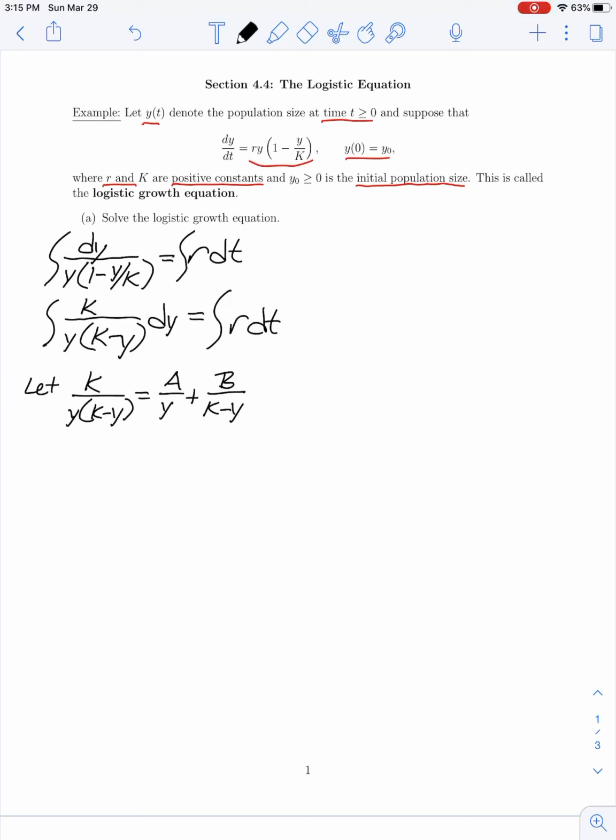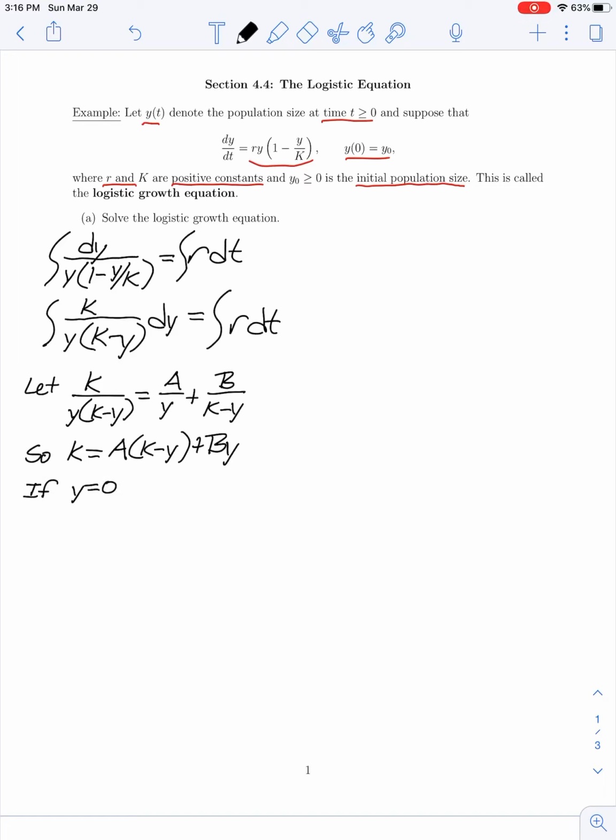Since our denominator was the product of two distinct linear factors, our decomposition would take this form. And to solve for a and b, we could multiply through by our common denominator, which would give us k is equal to a times k minus y plus b times y.